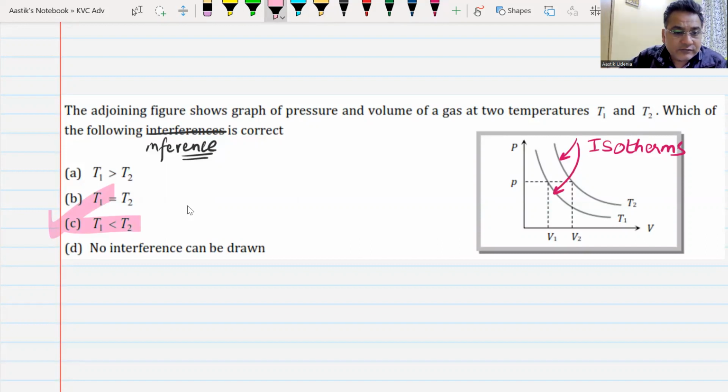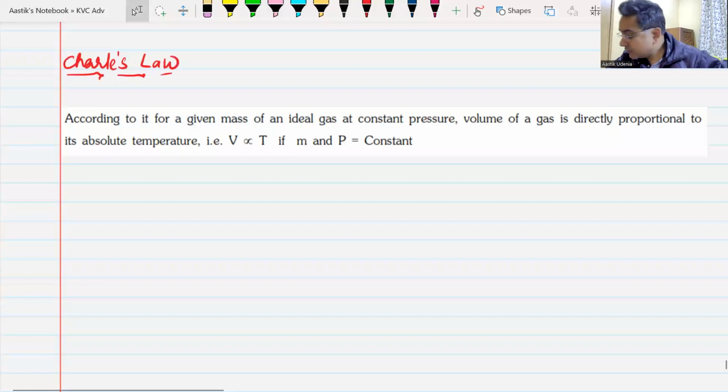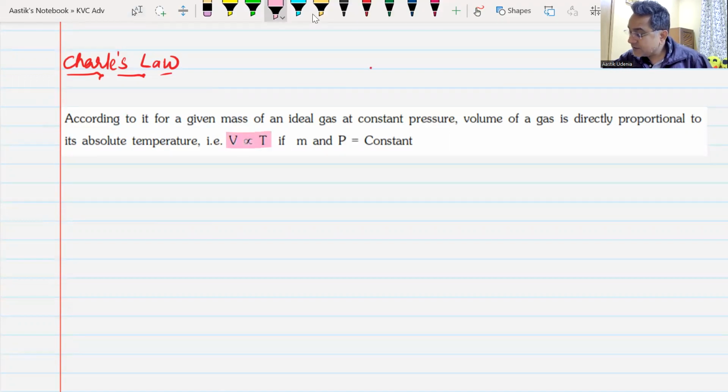Everyone knows Charles law. This is at constant pressure for a given mass of a gas. At constant pressure, the volume of the gas is directly proportional to temperature. We understand this?